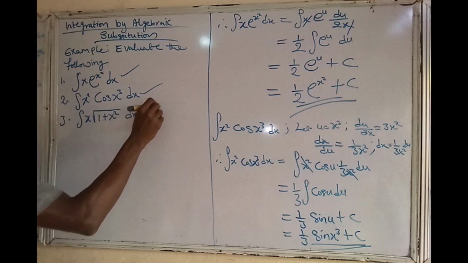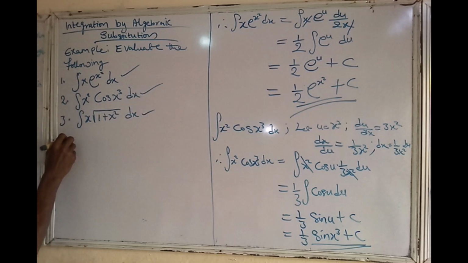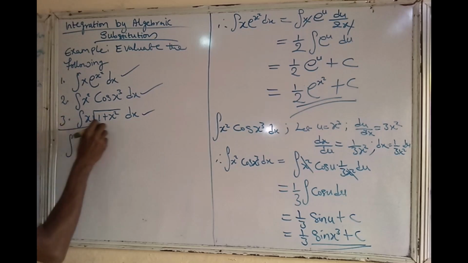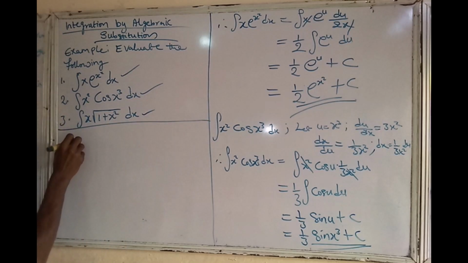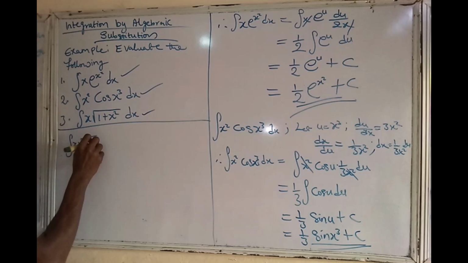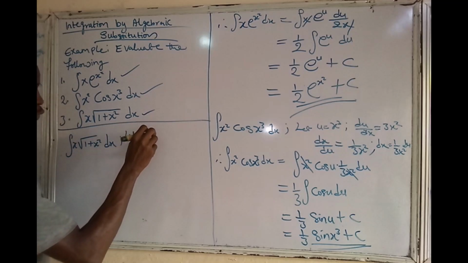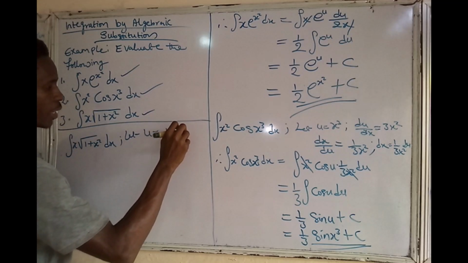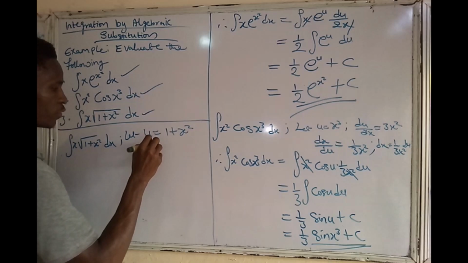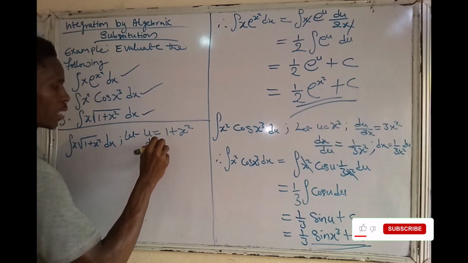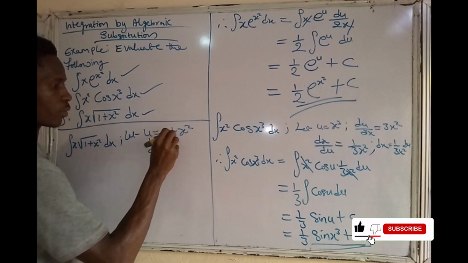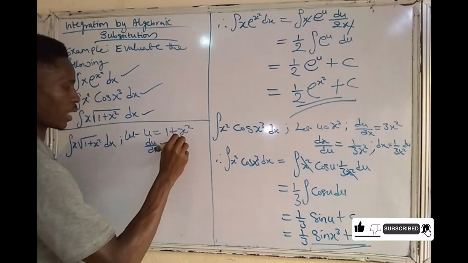For this, we have the integral of x root 1 plus x squared dx. So we say let u be equal to 1 plus x squared. If we differentiate u with respect to x, the 1 becomes 0, so this becomes 2x.